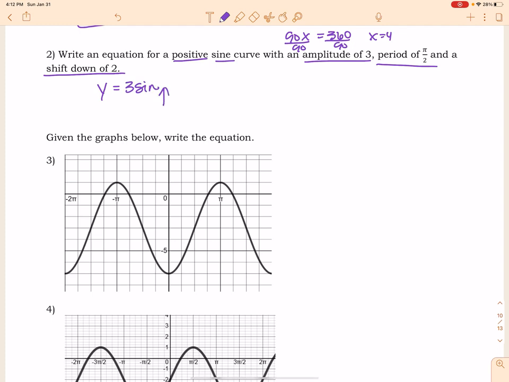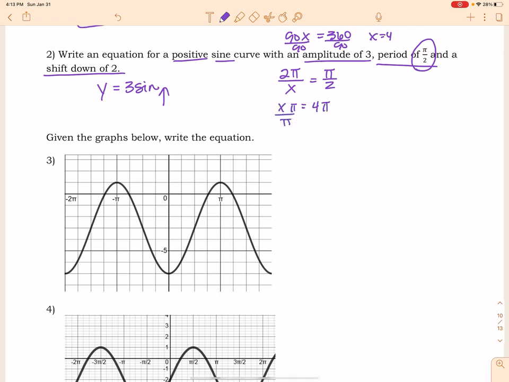Remember, the value that goes right here, whatever that is, produced a period of pi over 2. So consider the parent. The parent of sine has a period of 2 pi. It gets divided by whatever is in this equation right here, right after sine, and it results in a period of pi over 2. I cross multiply. X times pi, x pi. 2 pi times 2, 4 pi.